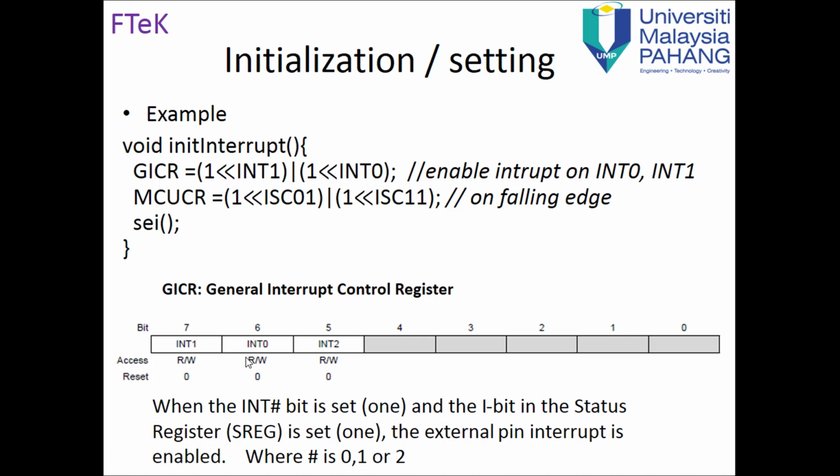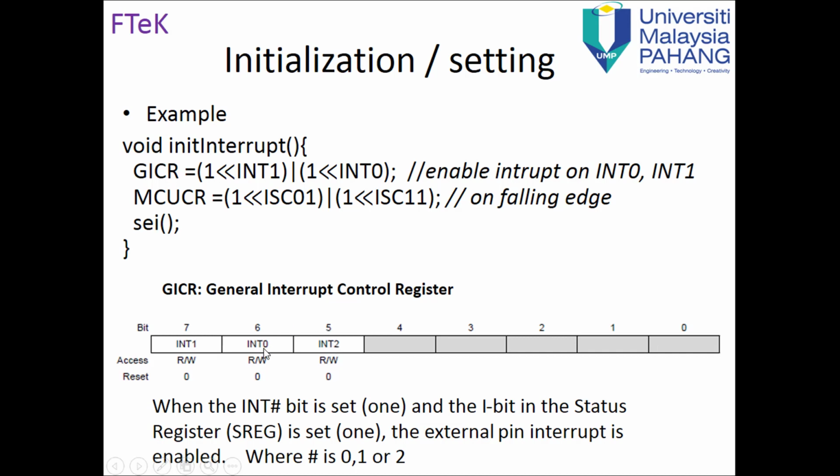The I bit in the status register is general, that means global: all the interrupts are enabled or all the interrupts are disabled. If you want to enable them one by one, then after enabling bit 7 of the status register, you can decide which one will be enabled. If you want to enable interrupt 2, you set 1 in bit 5.